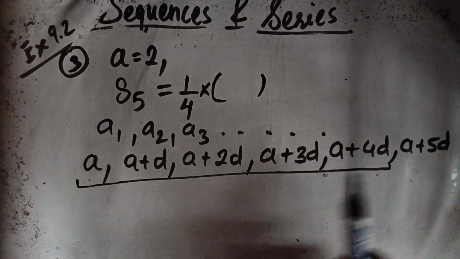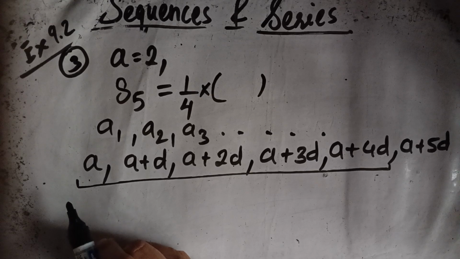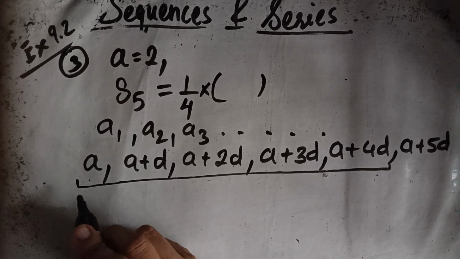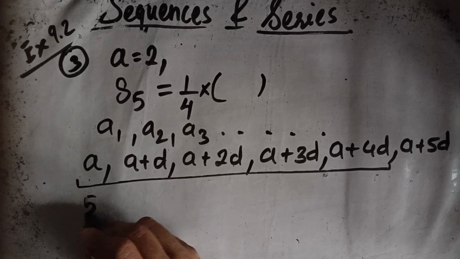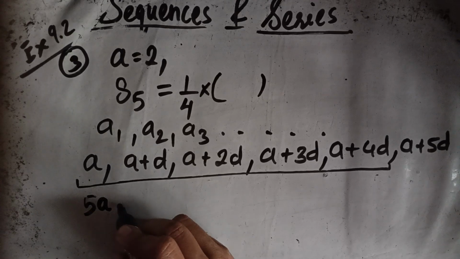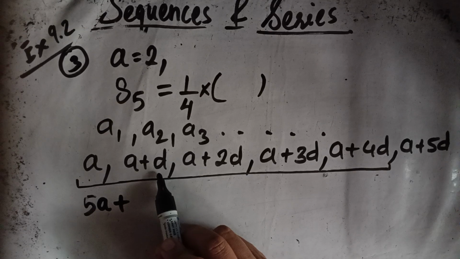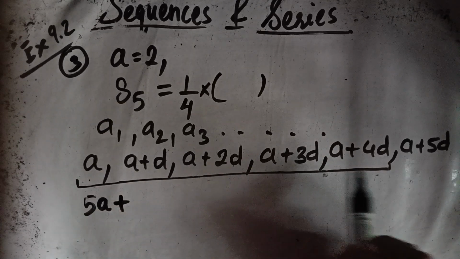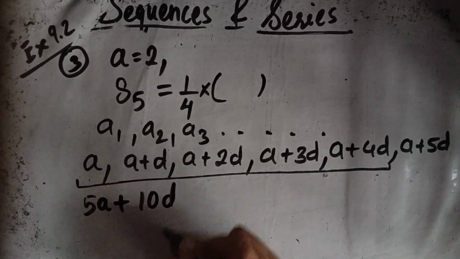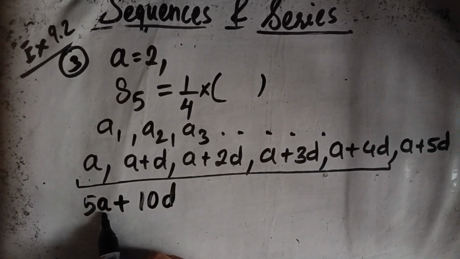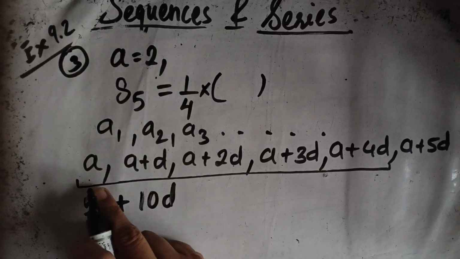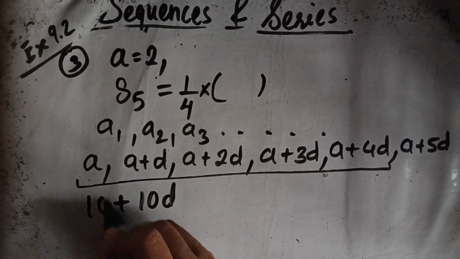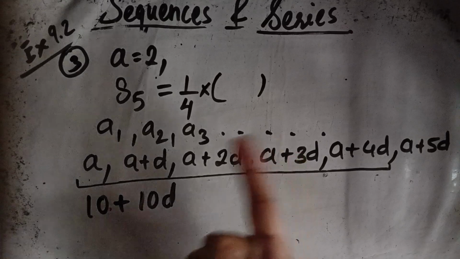Adding these, the sum is 5a plus 10d. A is given, which is 2, so 5 2s are 10. This becomes the sum of the first 5 terms.